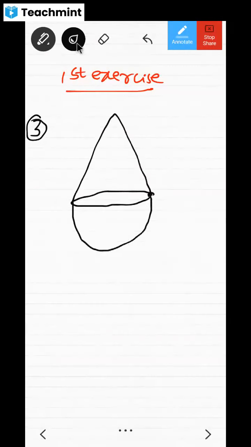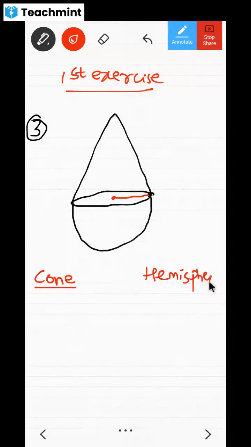Now, this radius they have mentioned. So you write cone here, and then you write hemisphere here, so that it becomes easy for you. Cone and hemisphere. This total height also they have given.